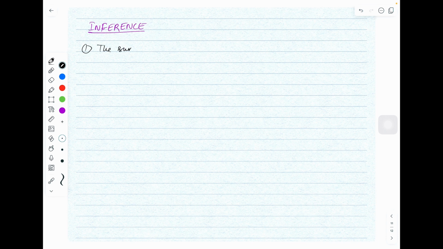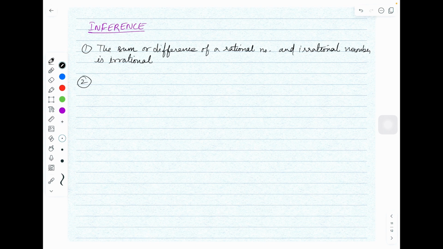The sum or difference of a rational number and irrational number is irrational. You have seen in the examples, if you add a rational and irrational number, or if you subtract a rational and irrational number, the resultant number is also an irrational number.